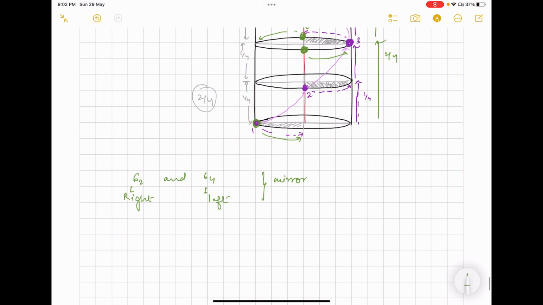So similarly 6-1 and 6-5 of one right-handed and one left-handed, they will be mirror images of each other. Okay. So this way you can generate screw axis.